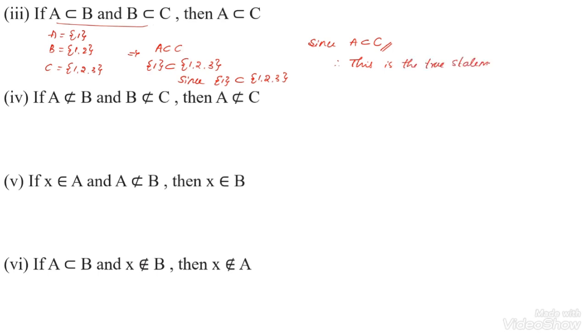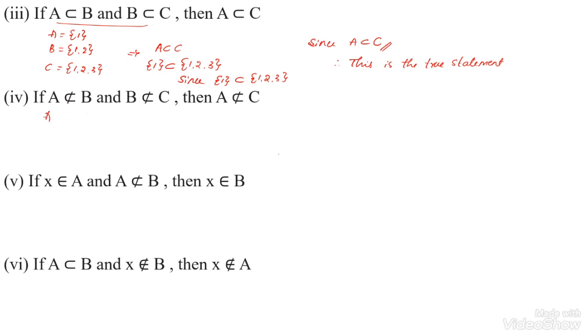Okay, let's move on to question number 4. If A is not a subset of B and B is not a subset of C, then A is also not a subset of C. Not a subset means both sets contain different elements, at least one different element.